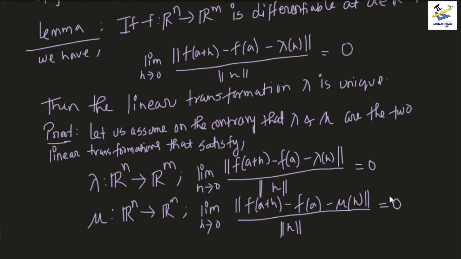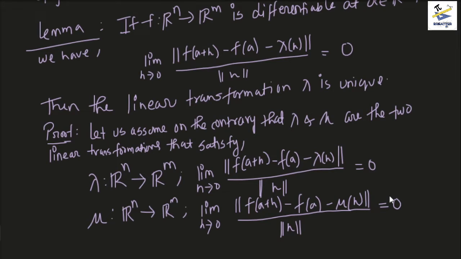You can see a lot of similarities in these two, and there is something we can do using them. How we proceed from here is something we have seen before in linear algebra. We would like to show that lambda equals mu, or rather lambda(h) equals mu(h) if we consider the argument as well. But in general the two linear transformations should be equal.